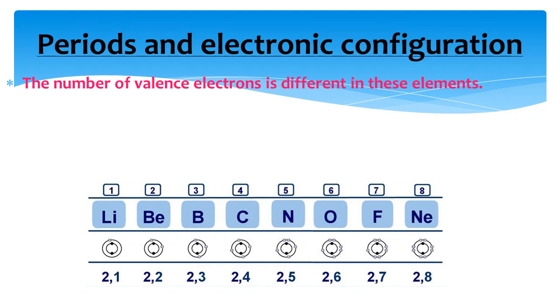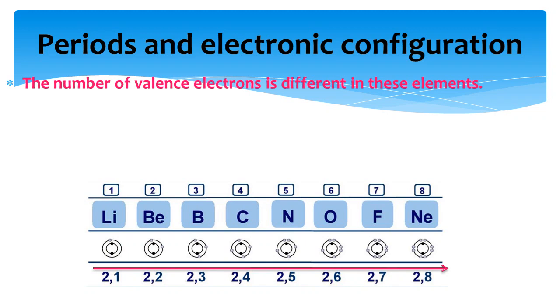The number of valence electrons is different, but the number of shells is the same. That means each element contains only 2 shells, but the number of electrons is increasing.